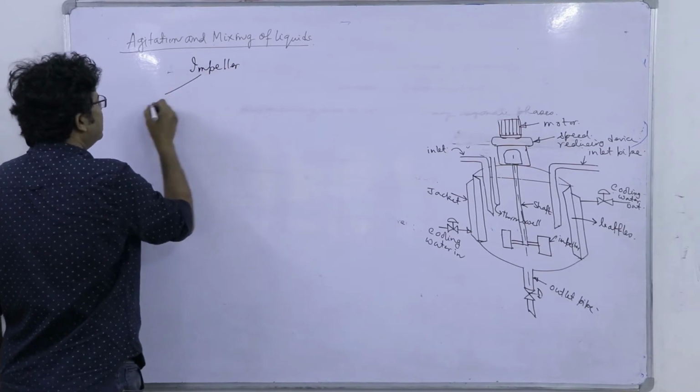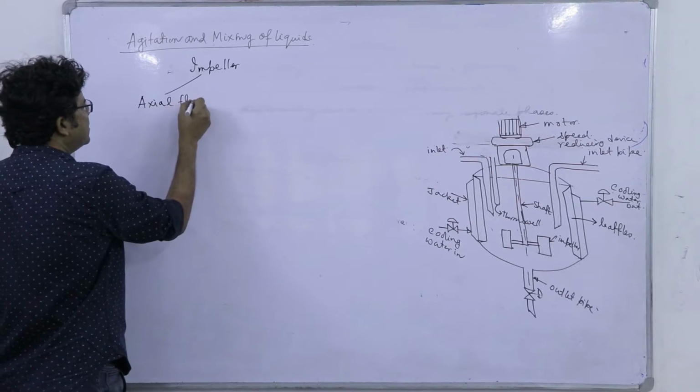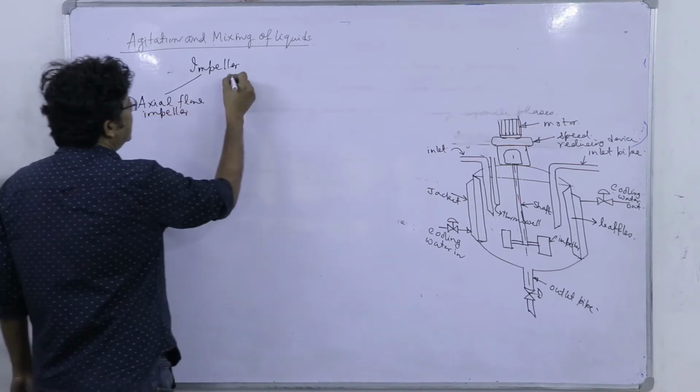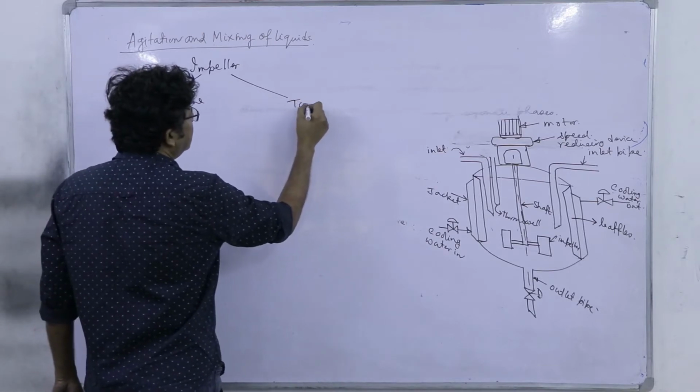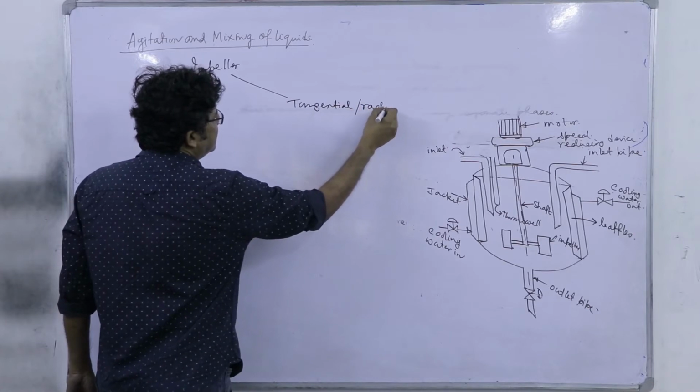There are two types. One is the axial flow impeller, and another one is the tangential or radial flow impeller.